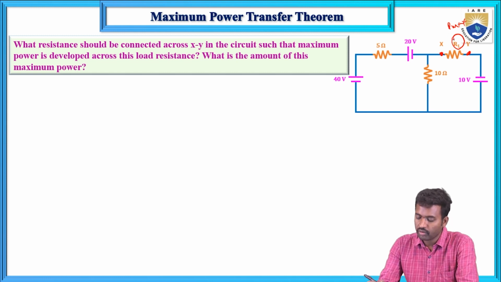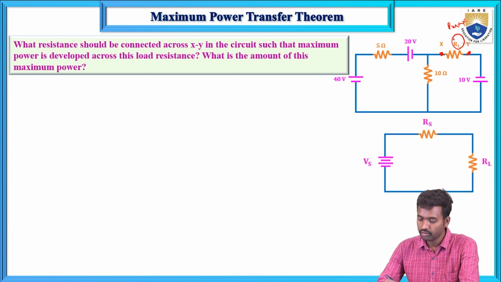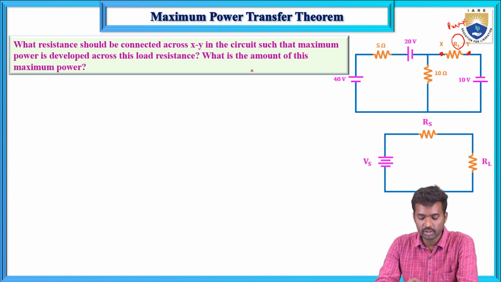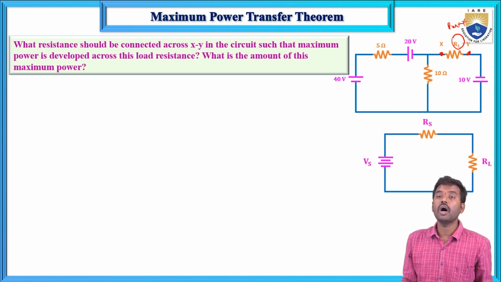If you convert the circuit into the Thevenin equivalent circuit, we have Vs and Rs, and this is RL. First calculate the Rs, then you will get the RL value. After calculating Vs, we can calculate the maximum amount of power from Vs and RL.